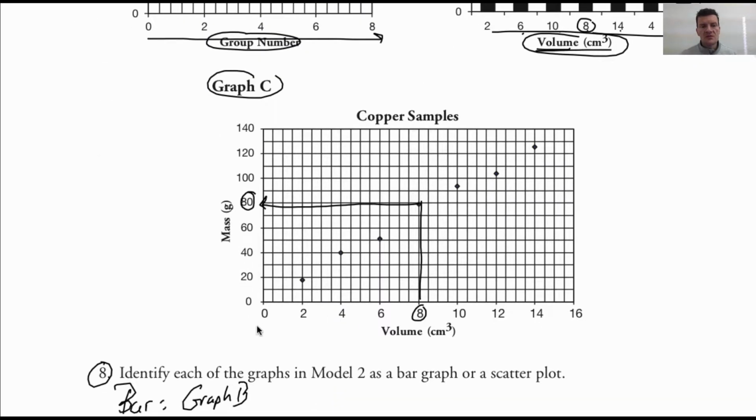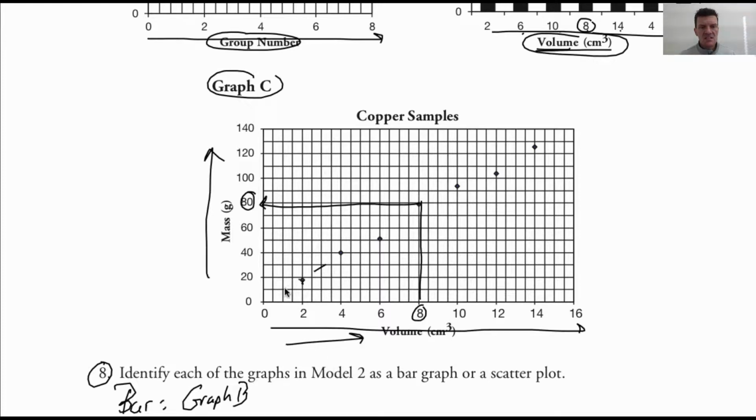Here, this one is organized such that the volume on the x-axis is put in ascending order, and when we plot the volume with the corresponding mass that goes with it, we see that indeed these points are going up. Not necessarily all on the same line, but the trend, the tendency, is an increase in the mass as the volume increases.